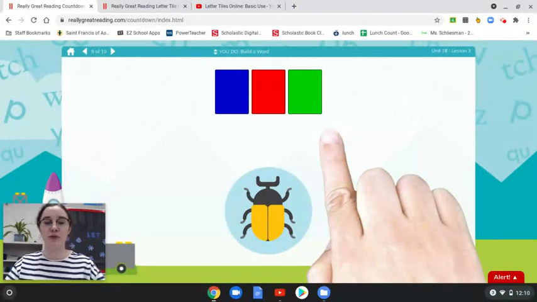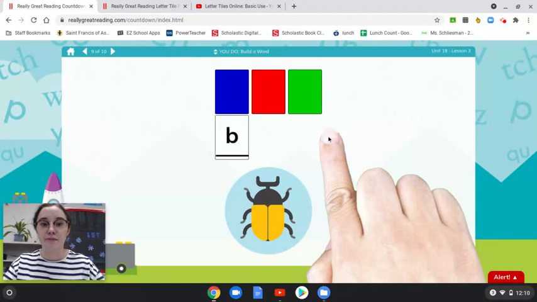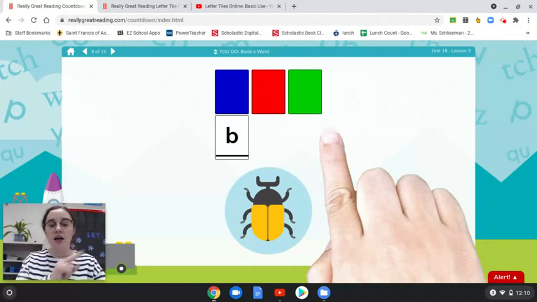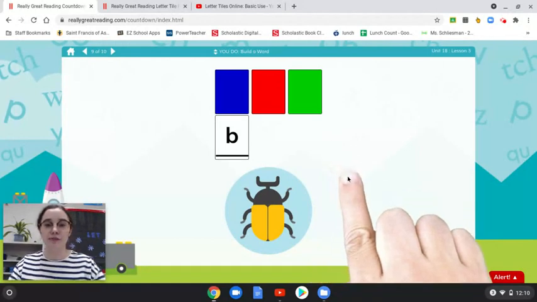What's the first sound we hear in this word? B. So what letter did you put down? B. What is the next sound we hear in bug? So what letter tile did we put down? U. What is the last sound we hear in bug? G. What letter did we put down?